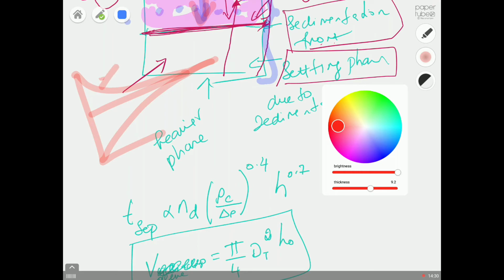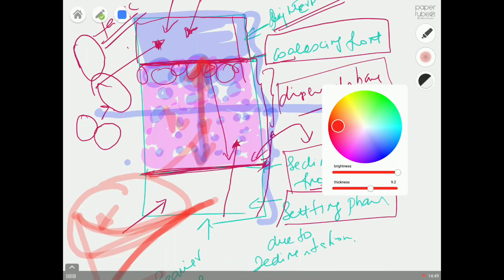Or you can say this is your dispersed phase, which will eventually decrease with respect to time, and this is the height of your sedimentation or settling phase. It will increase with respect to time. So this part which is decreasing with respect to time is nothing but this height, the dispersion height.